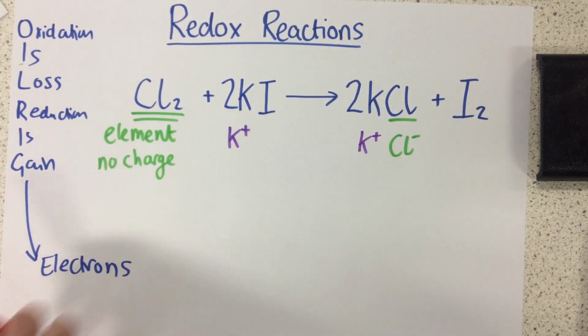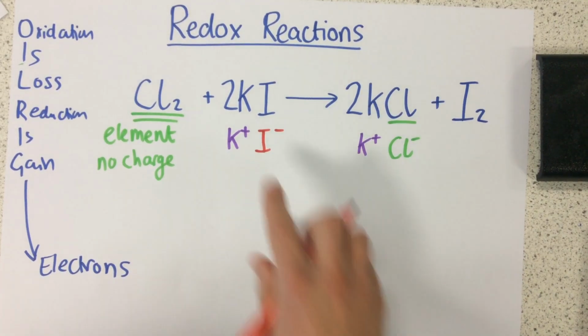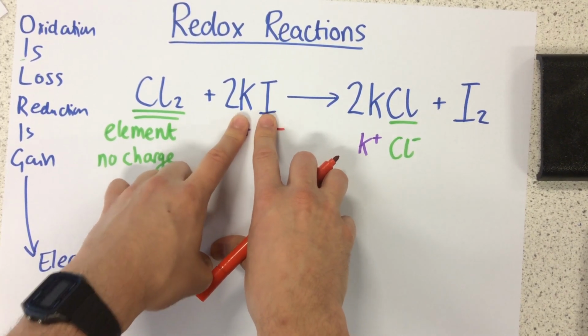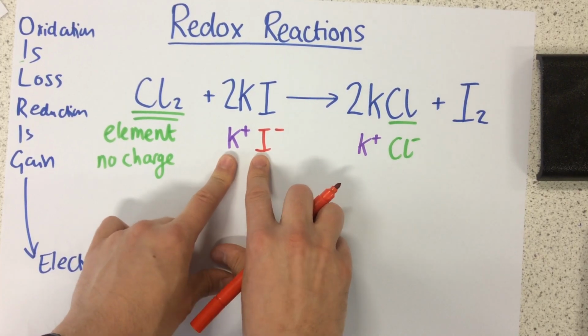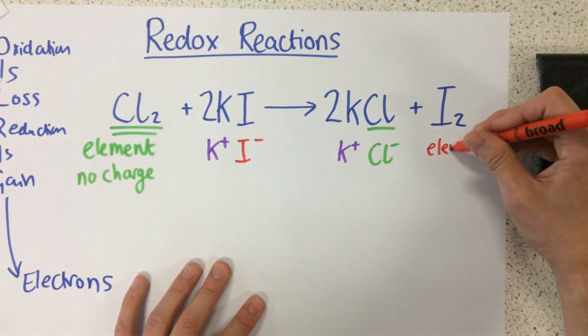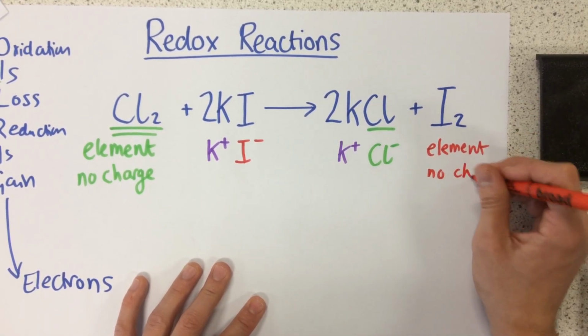So if it's in an ionic bond here, I know for a fact it's I-. Remember, this is a metal and a non-metal, so we must have an ionic bond, and therefore those must be the two ions involved. On this side, iodine is in its element form, so it has no charge.